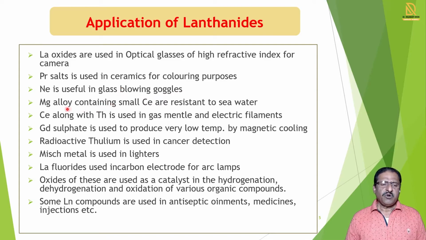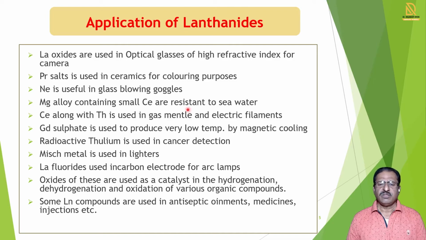Then some other metals are also used. Magnesium alloy with some cerium can be prepared in the form of an alloy, and such an alloy has high resistance to seawater.